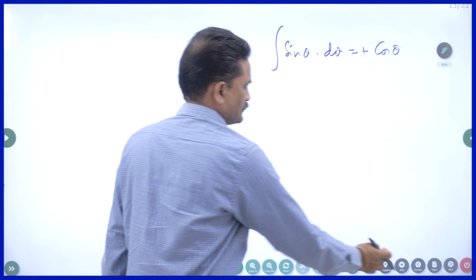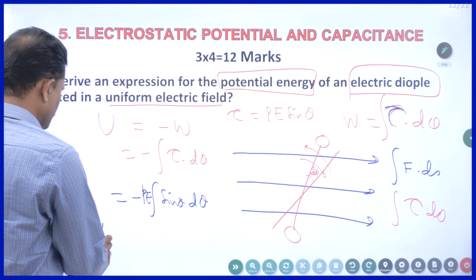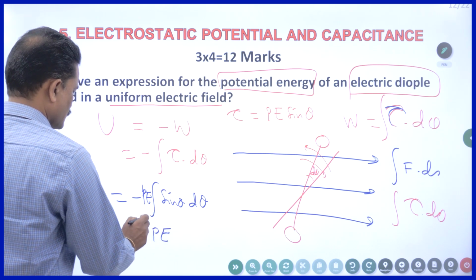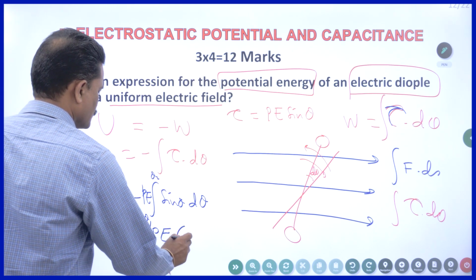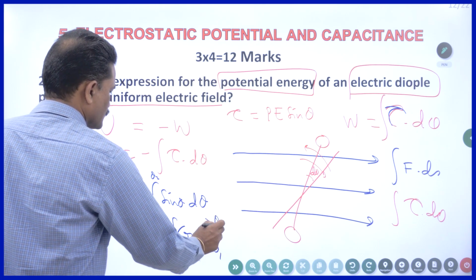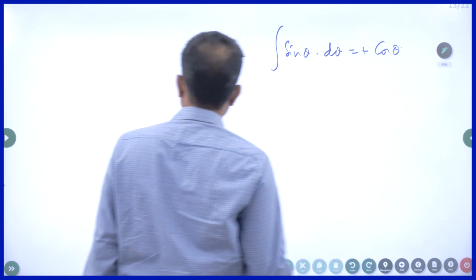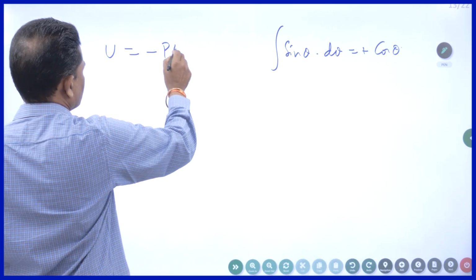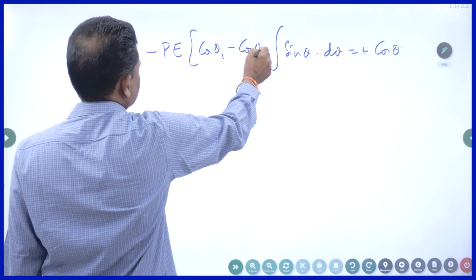Let us use this in the previous expression. So U is equal to minus PE cos θ. Here the integral must be taken from θ1 to θ2. So this is cos θ, substitute θ1 to θ2. Then you will be getting U is equal to minus PE (cos θ1 minus cos θ2).